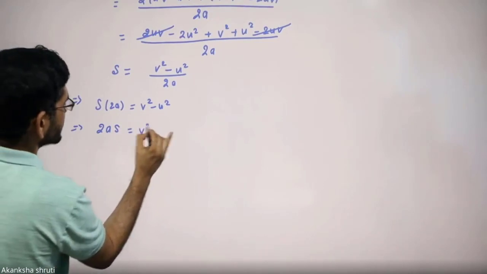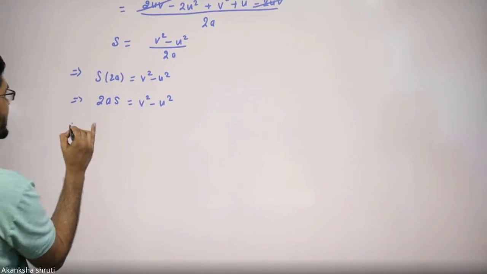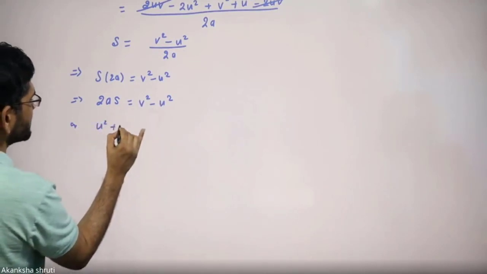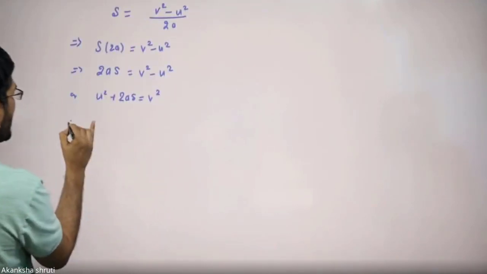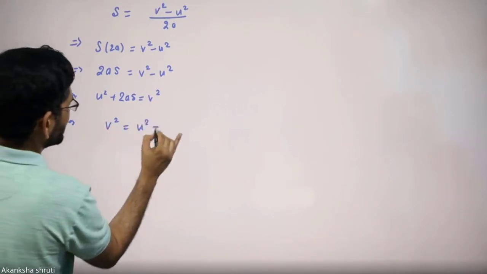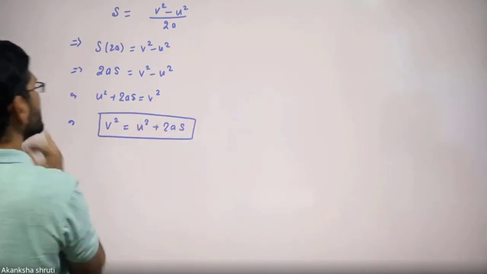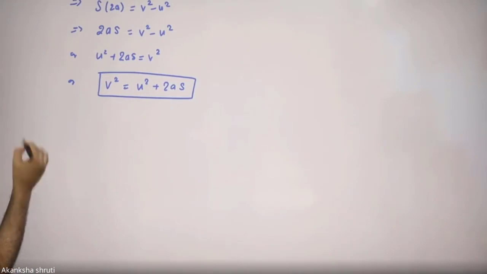Or you may bring this u square to the left hand side: u square plus 2as is equal to v square. Or, students, v square is written first, is u square plus 2as. So this is the third formula of the kinematic equations.